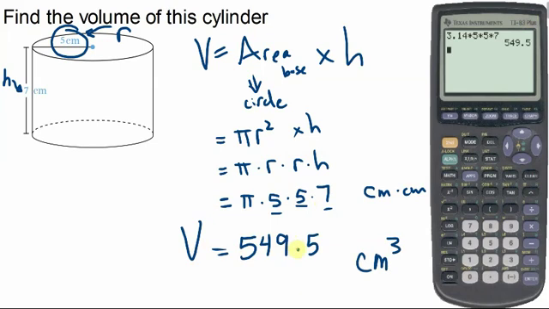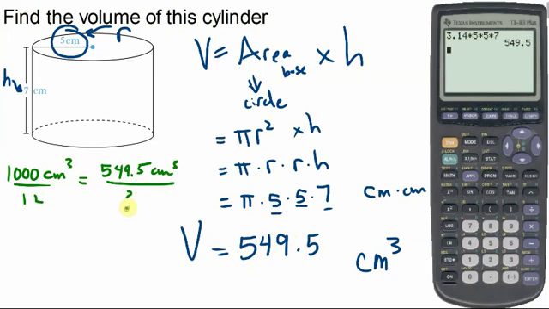Remember, if we try to convert this into liters, we can use that ratio, but this question doesn't ask us to do that. If we wanted to, I'll just give the supplement that we said, okay, 1,000 centimeters cubed is 1 liter. We've got 549.5 centimeters cubed.